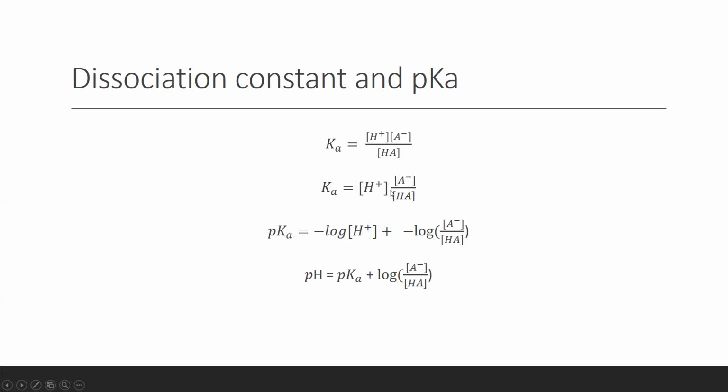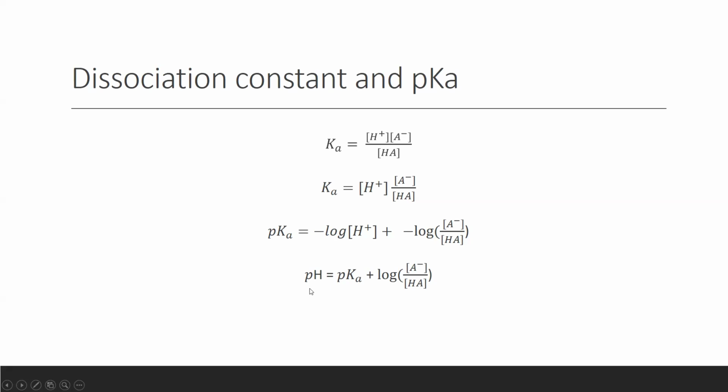And we know that when you've got a multiplicative term inside a log equation, you can separate it out and just add the terms. The minus log H plus plus minus log A minus over HA. And then rearranging this equation, you've got pH on one side and pKa and your log A minus over HA on the other side, gives you this very familiar equation.